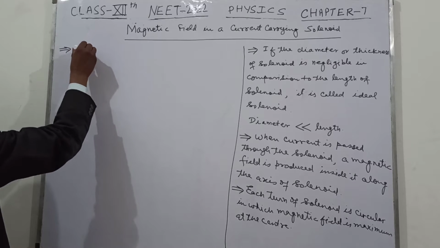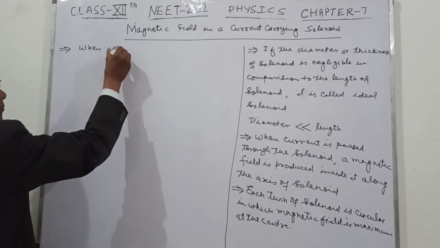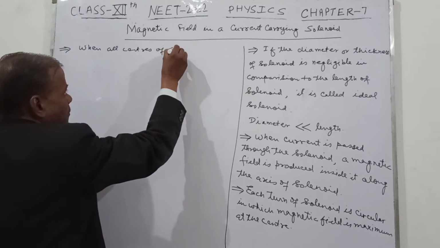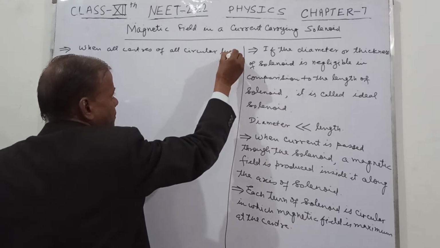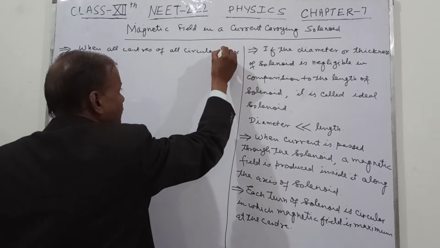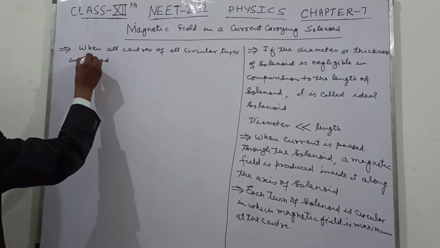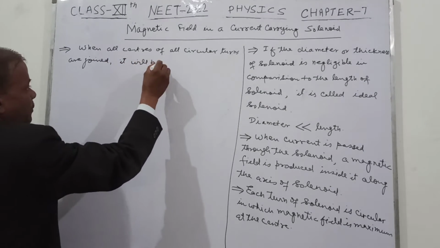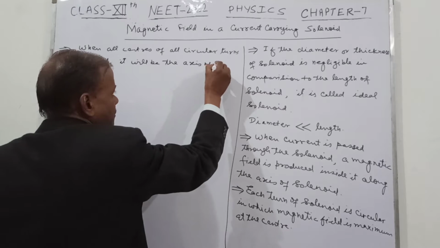When all centers of all circular turns are joined, it will be the axis of solenoid.